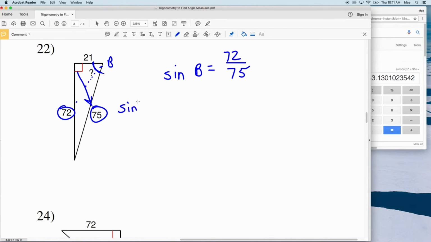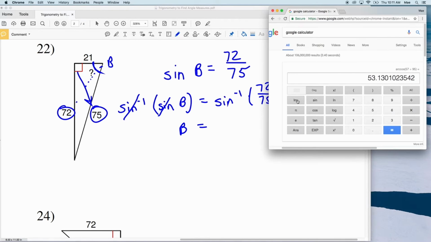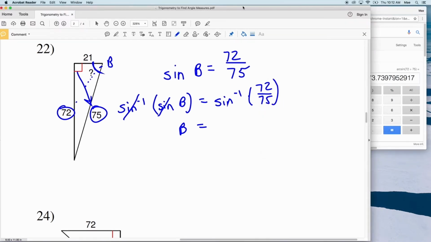Taking the inverse sine of both sides, we'll get that the measure of that angle B is equal to the inverse sine of 72 divided by 75, which is approximately 74 degrees for number 22. And feel free to use cosine or tangent as well.